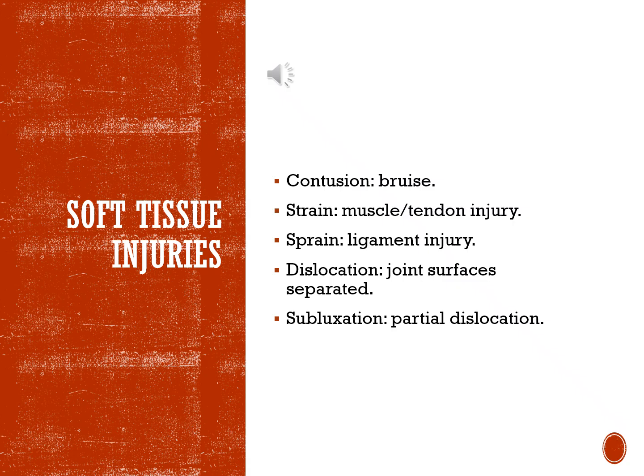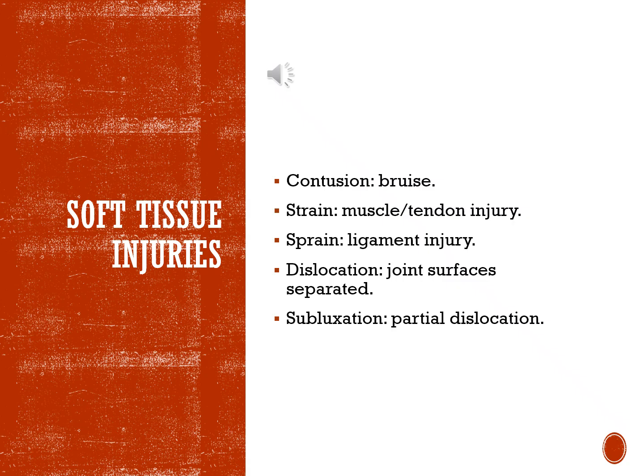Soft tissue injuries are frequent, usually in sports and with patients who have problems with mobility. These can be things like contusions, which are simple things like bruises, strains, which are a pull or a tear on a muscle or tendon, or sprains that involve ligaments.